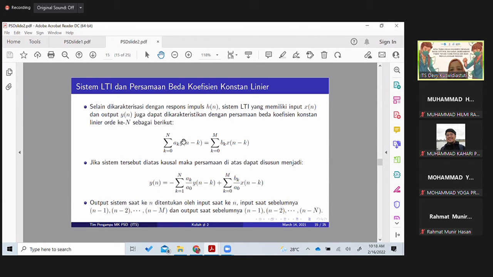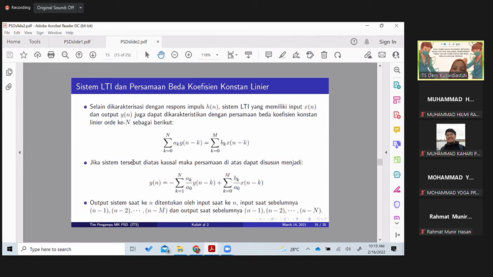You must remember the order of the system depends on this maximum limit of the summation on the output equation, not on the input. It does not depend on the upper limit of the summation of the input, but on the output.